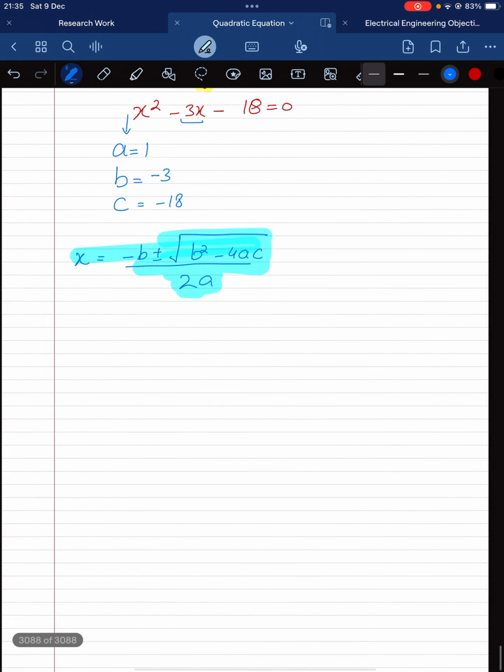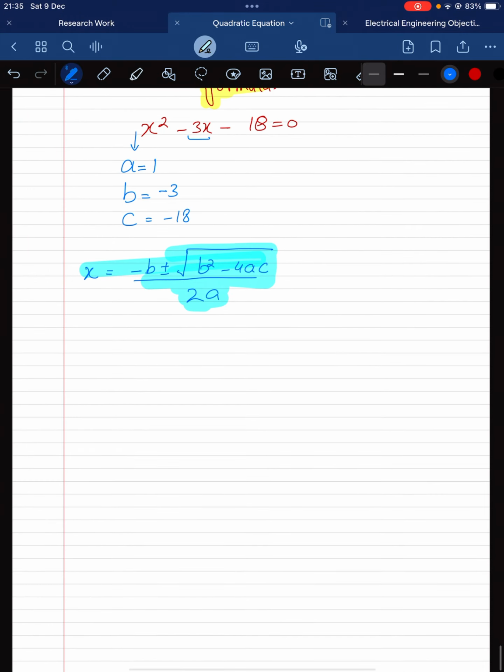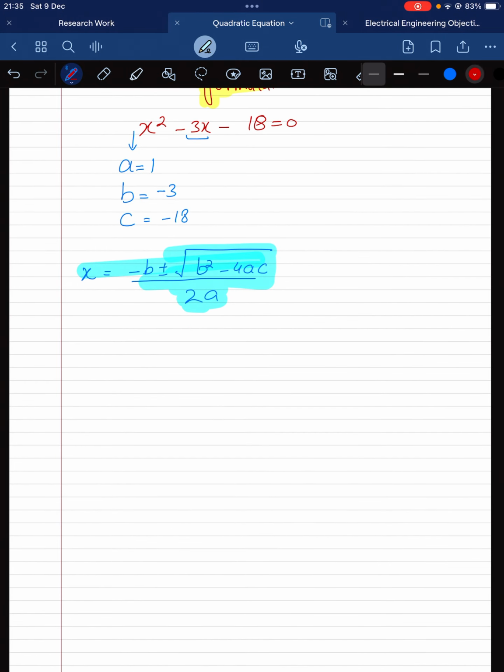Now you just need to place the values in this formula and nothing else. x is equal to minus, and the value of b is minus 3. You can notice that this minus is coming from the formula, and this minus 3 is the value of b. Then plus or minus, and then under root.